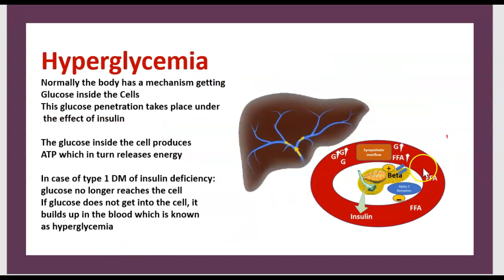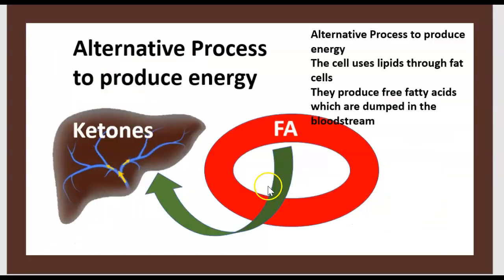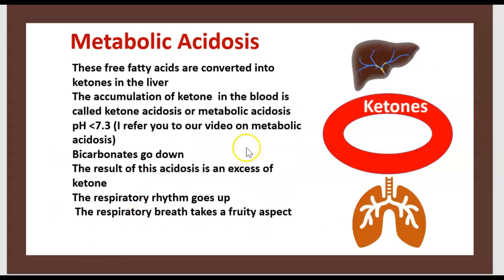The cell uses lipid through fat cells, which produce free fatty acids dumped in the bloodstream. Free fatty acids are converted into ketone in the liver.